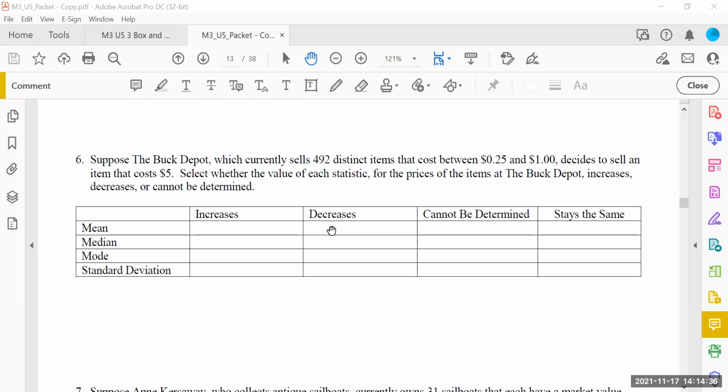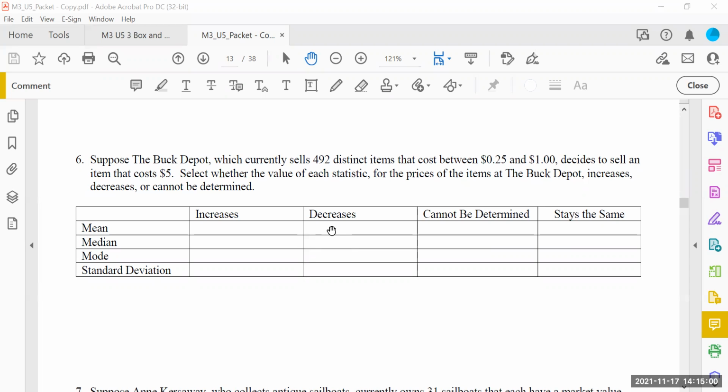So here, does it make sense to everybody that when I add that 5 in, it's going to raise the average? Does that idea make sense to everybody? That if I add something bigger than all the others, it's going to make the average go up. Whereas if I added one in the middle, it'd be hard to tell. Technically, if you add a number that's bigger than the average is right now, the average goes up.